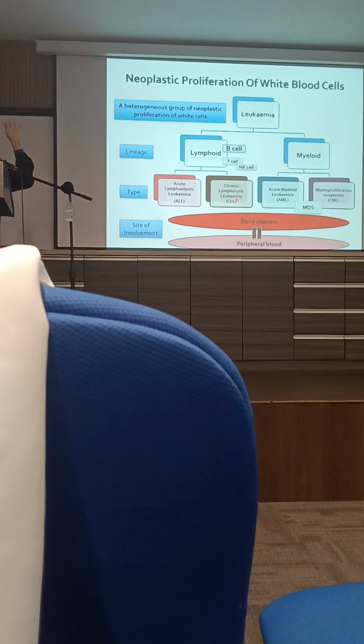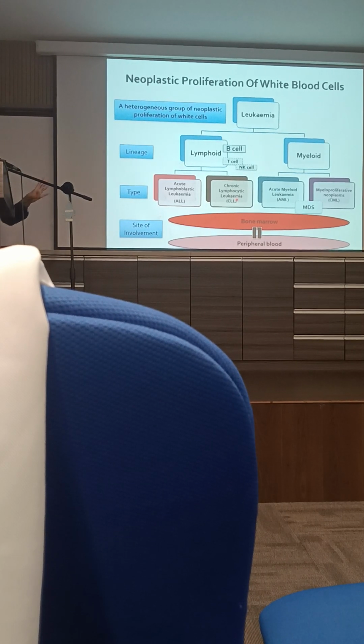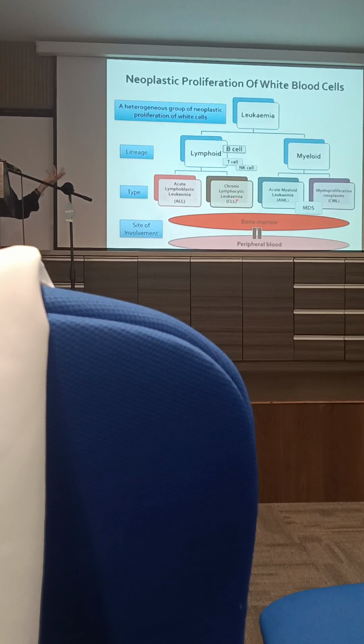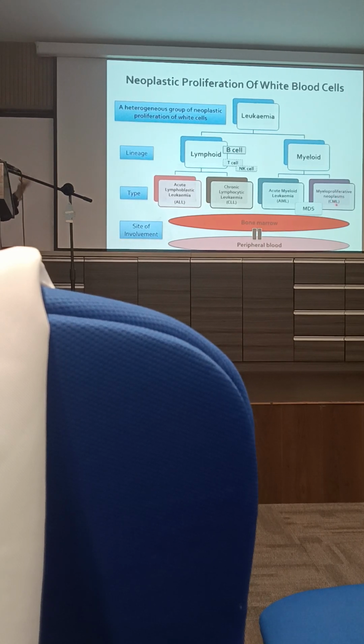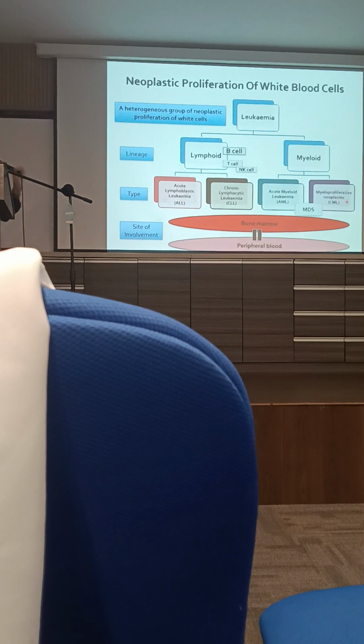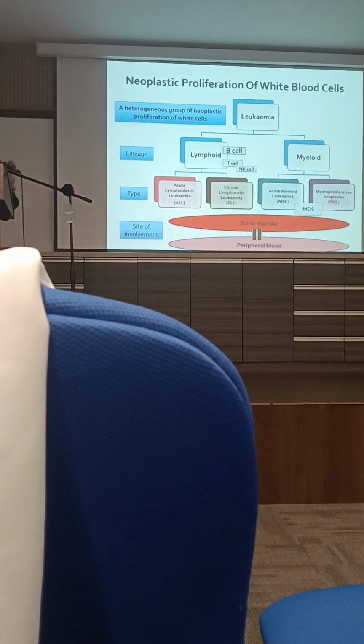You can go back and read the WHO classification, which is like the Bible for subtyping, but this is just to keep you grounded and help you understand. And for myeloid, if you are a chronic type, you are a chronic myeloid leukemia, or myeloproliferative neoplasms. There are a few types, but we will only go into chronic myeloid leukemia.